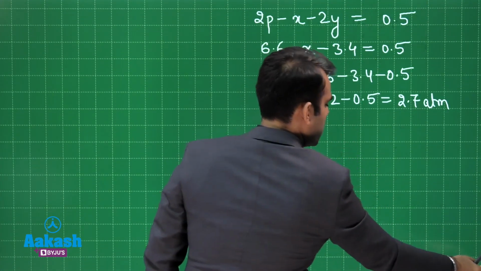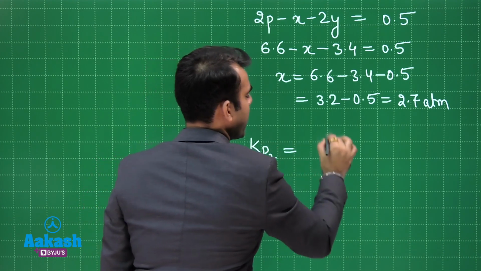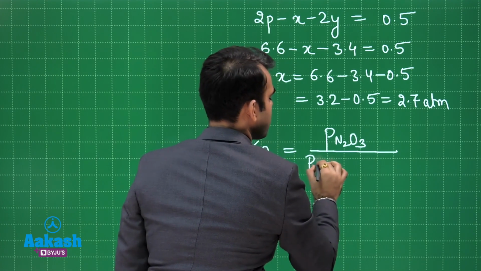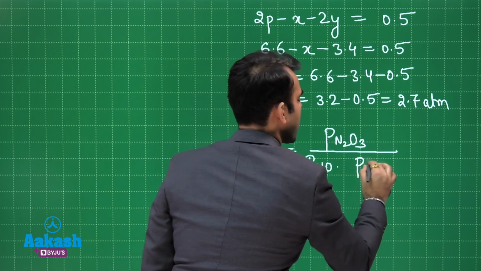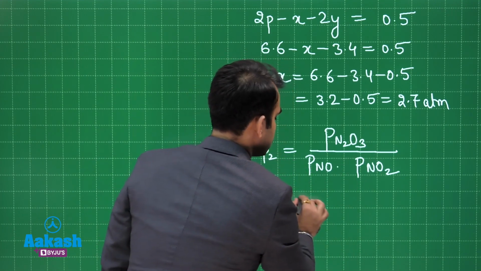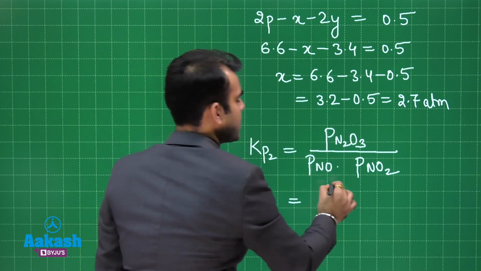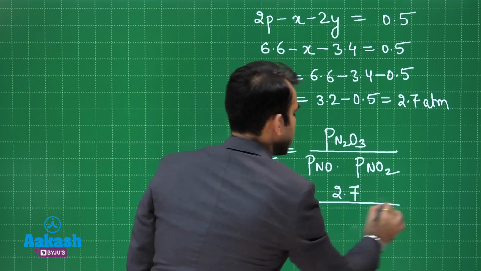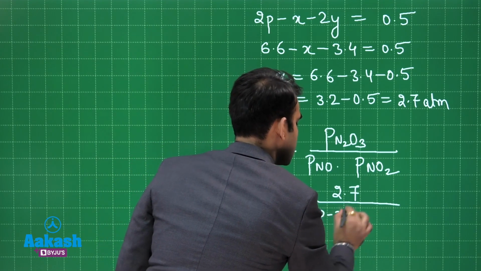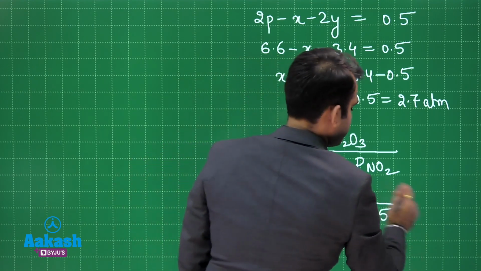So our Kp2 is the pressure because of N2O3 divided by the pressure because of NO dot the pressure because of NO2, and this is basically the pressure because of N2O3, that is the value of X, 2.7, divided by the pressure of NO, nothing but P minus X, and the pressure because of NO2 is 0.5.